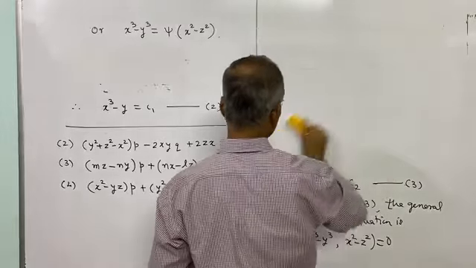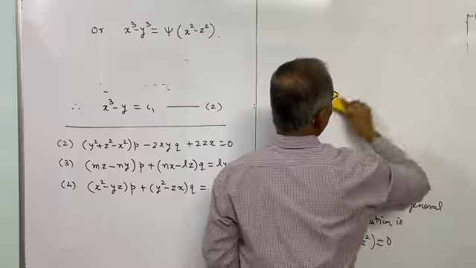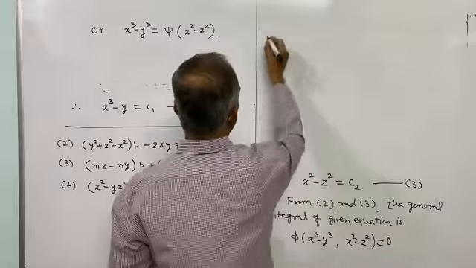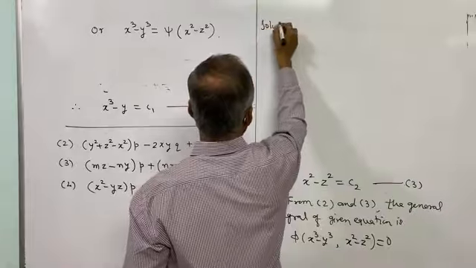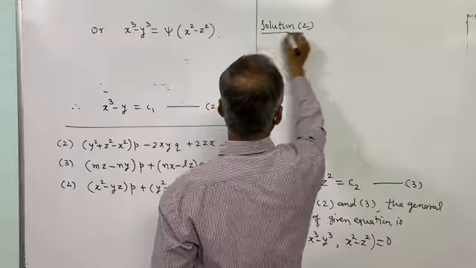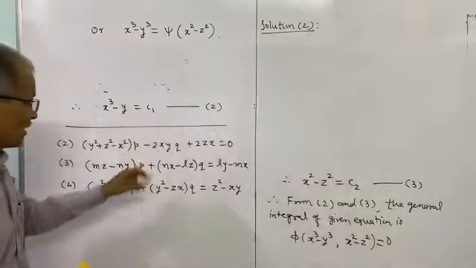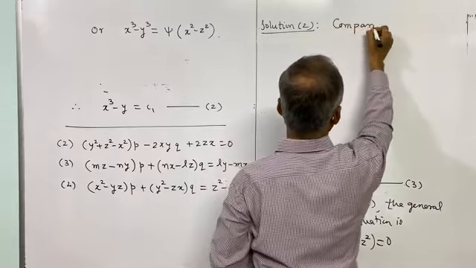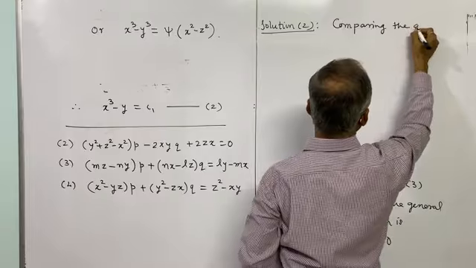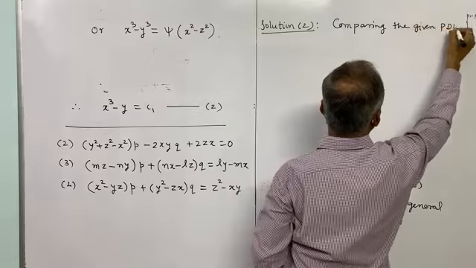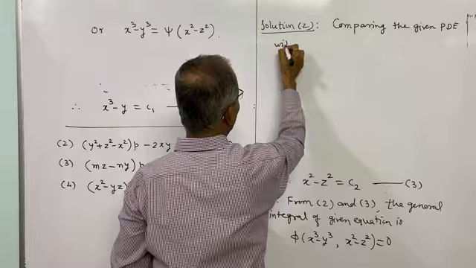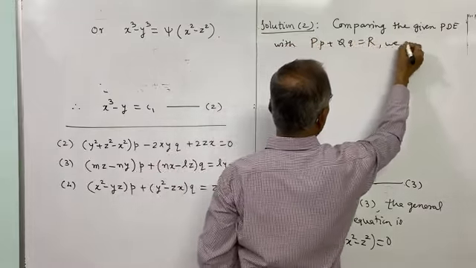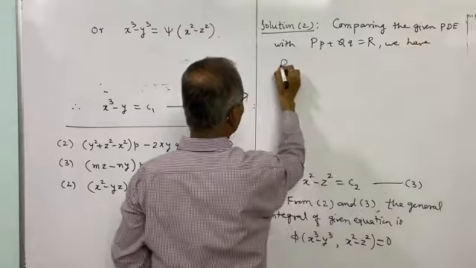The method is the same for each Lagrange's linear PDE. To solve Lagrange's linear PDE, solution second. Again comparing the given equation with the equation capital P into p, etc. So what is capital P?